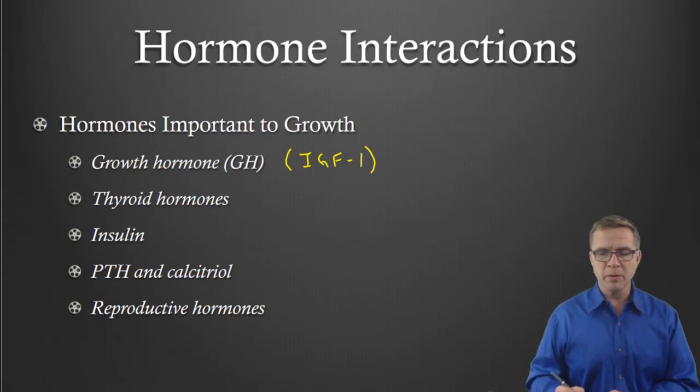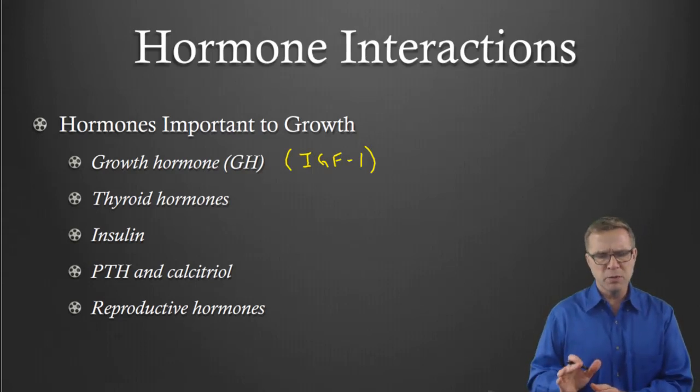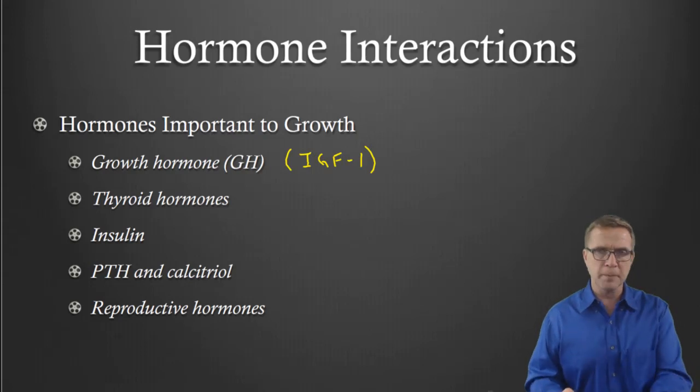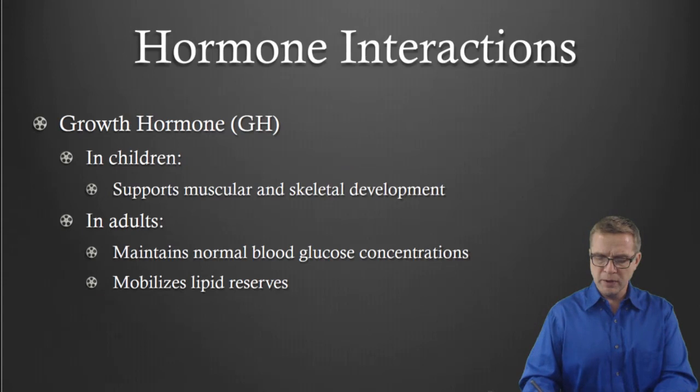Then we have thyroid hormones. We already talked briefly about how that's going to be really important for growth of the body, especially in the nervous system early on. We're talking about insulin, parathyroid hormone, calcitriol, and the reproductive hormones. Knowing these hormones already, you should have a pretty good idea. So growth hormone in children, the main thing is it's going to be muscular and skeletal development.